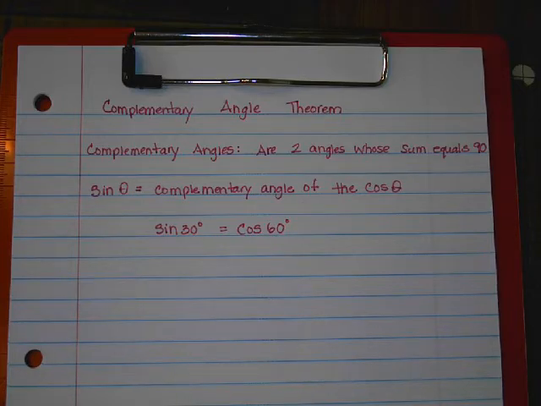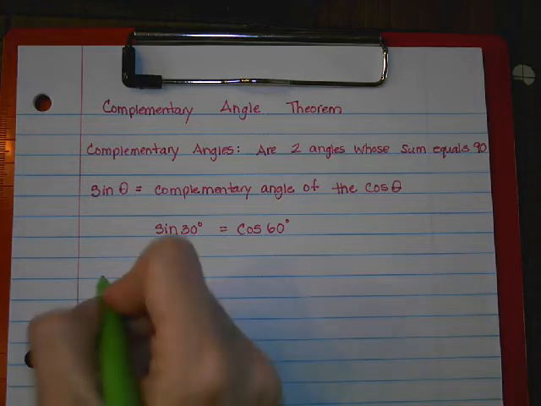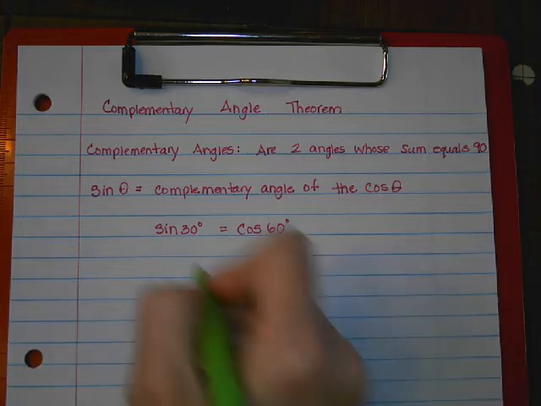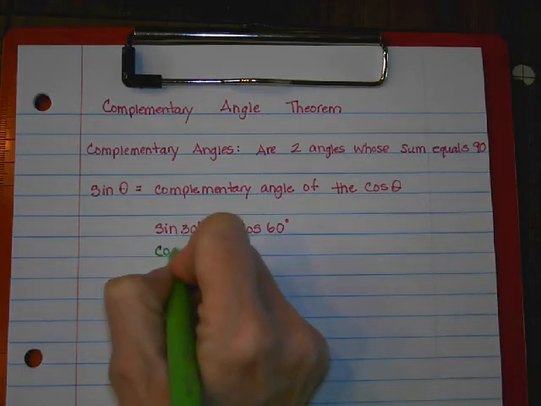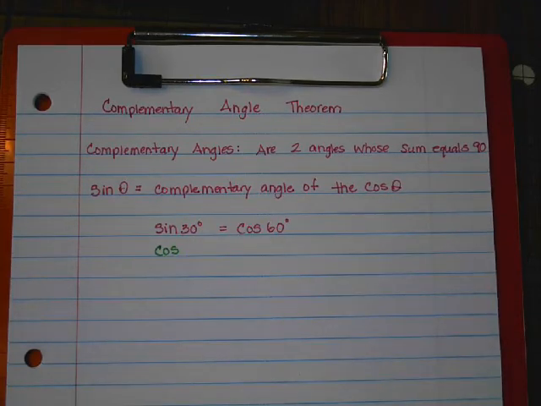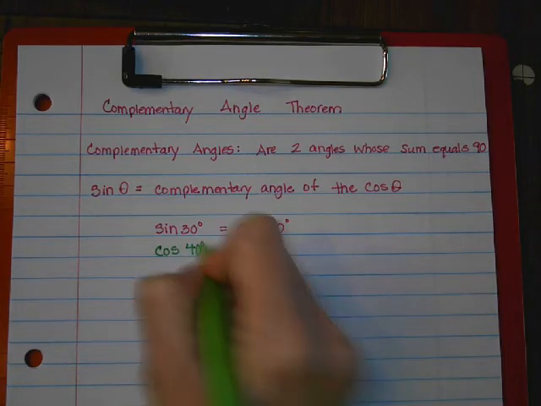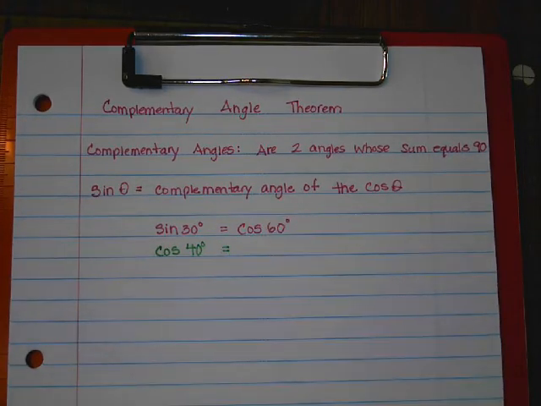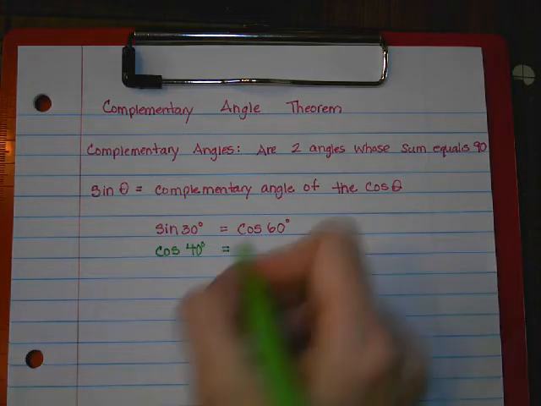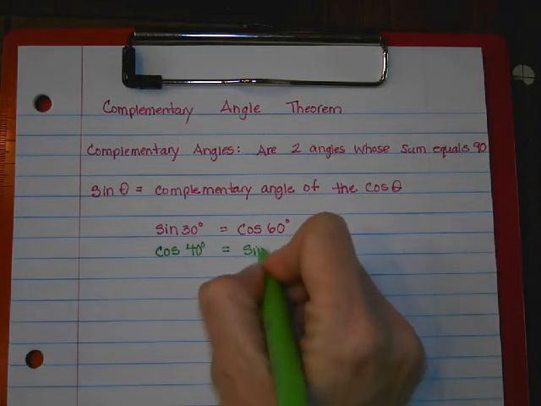Okay, now we're going to move to the next one, which would be the cosine. Suppose I gave you the cosine of, let's say, 40 degrees. What do you think the cosine of 40 degrees would be equal to? Correct, the sine of 50 degrees.